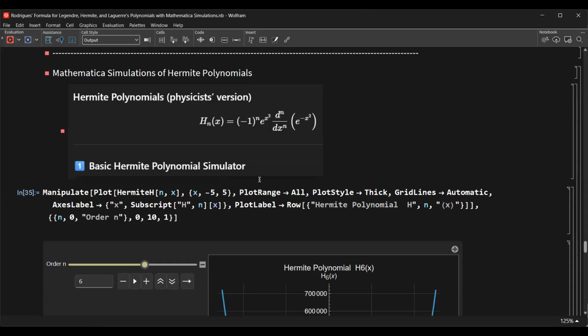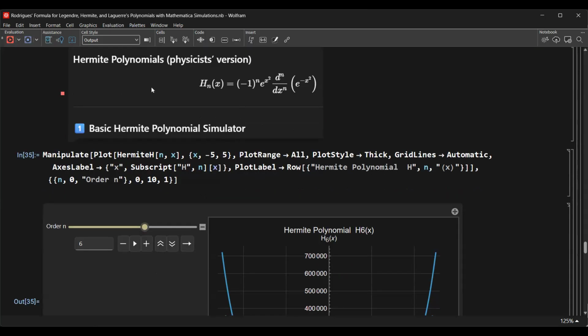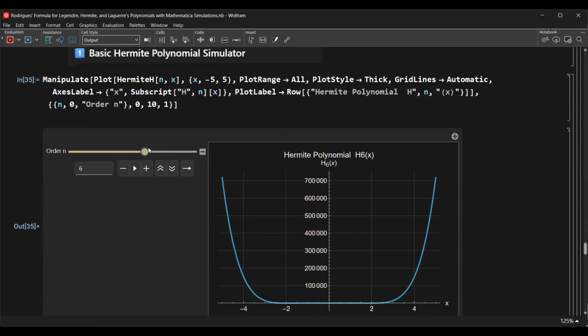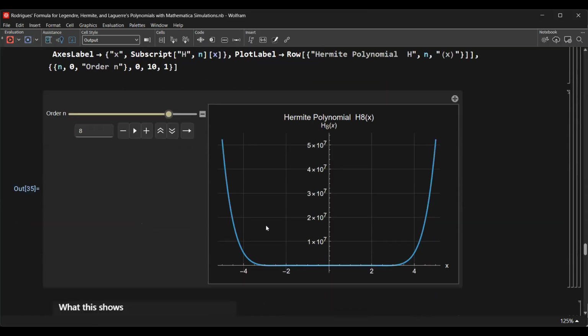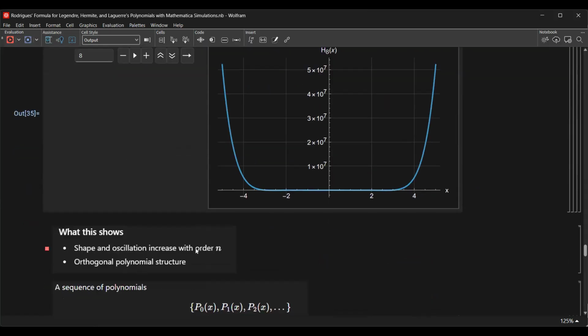So we have the corresponding value of the order of H as a function of x. For example, here n equal to 8. So we have this. The shape and oscillation increase with order n.